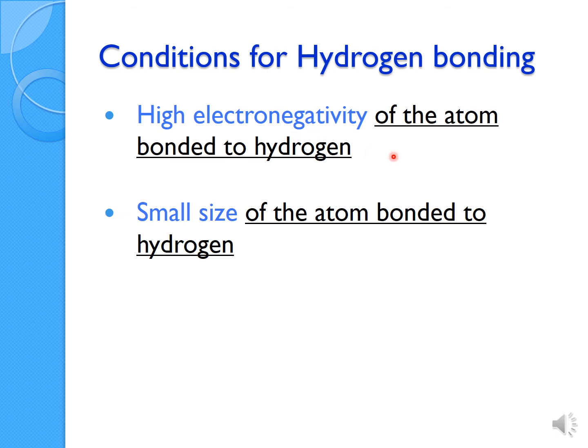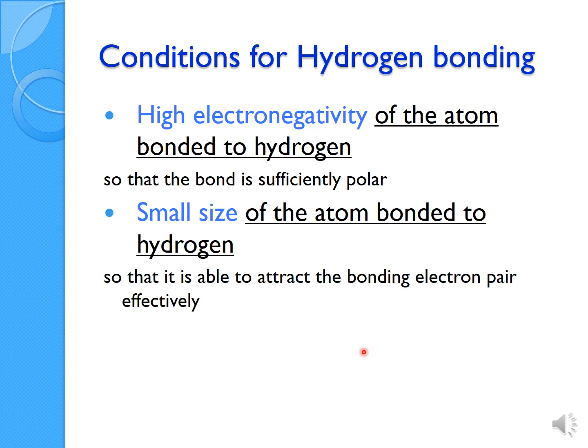The second condition is that the atom bonded to hydrogen should be very small in size. Why should it be very small? Because if the atom bonded to hydrogen is very small, it can attract the bonding electron pair effectively.